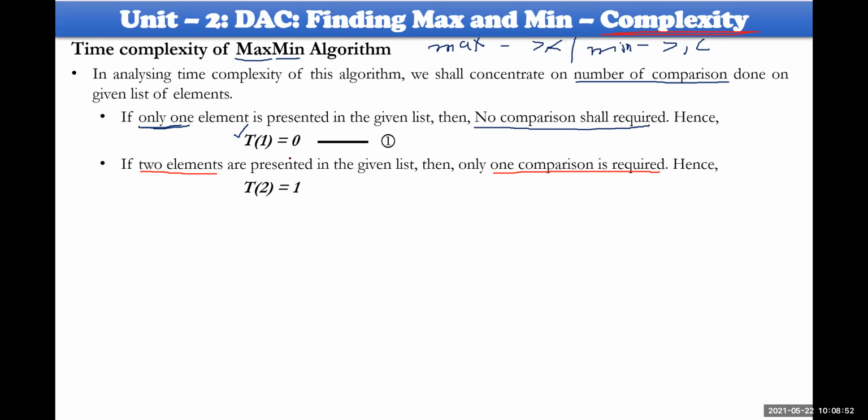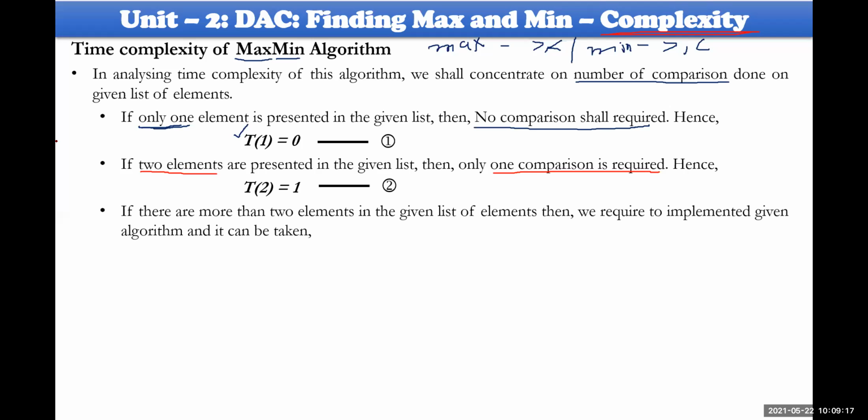For one single element, no comparisons are required, so complexity will be 0. If two elements are there, one comparison is required, one if condition is required. So T of 2 will be equal to 1. Therefore, it could be considered as the second equation.